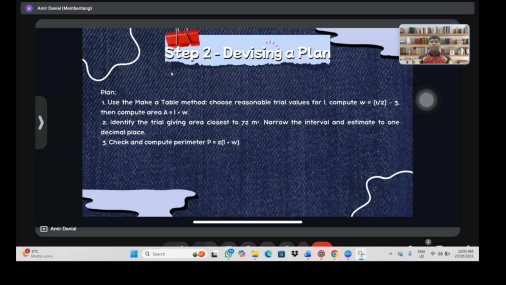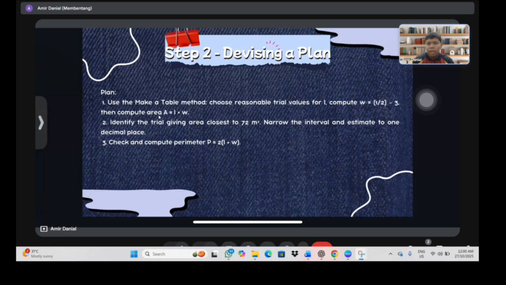Okay, step 2 is devising a plan. The plan is to use the make a table method. Choose reasonable trial values for L. Compute W equals 1/2 L minus 3.